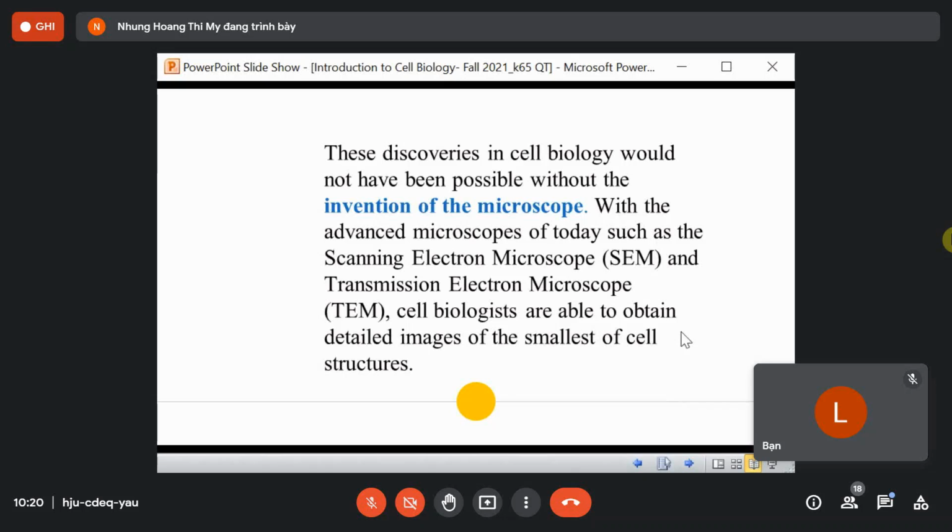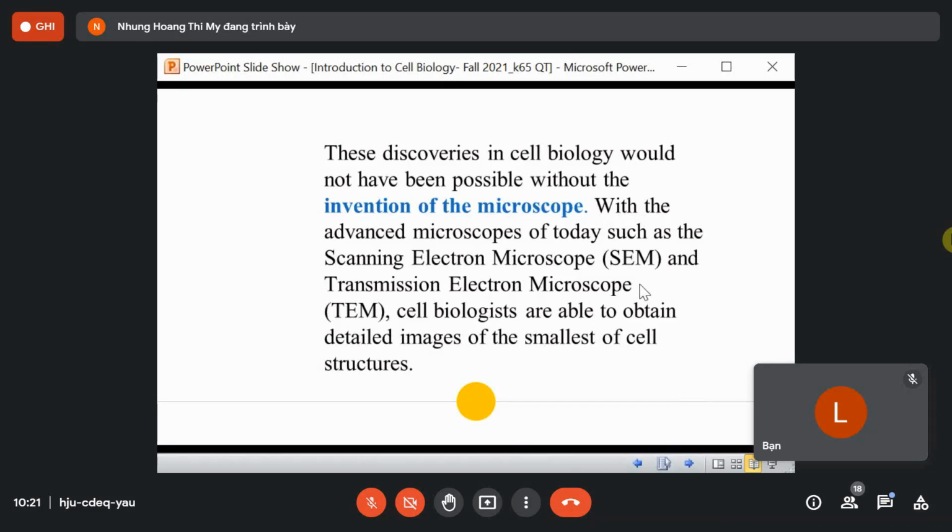And for now, we have many modern microscope techniques, like the scanning electron microscope, in short SEM, and the transmission electron microscope, TEM. This is the highest-resolution microscope technique for now.